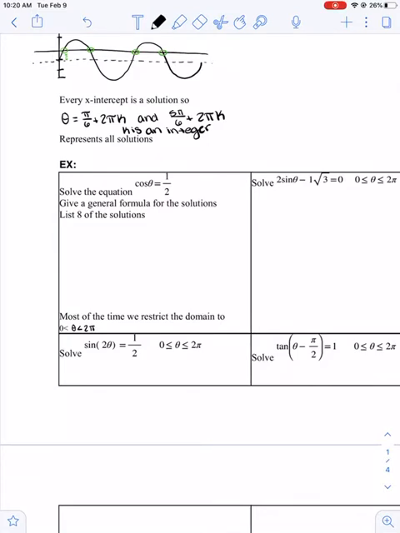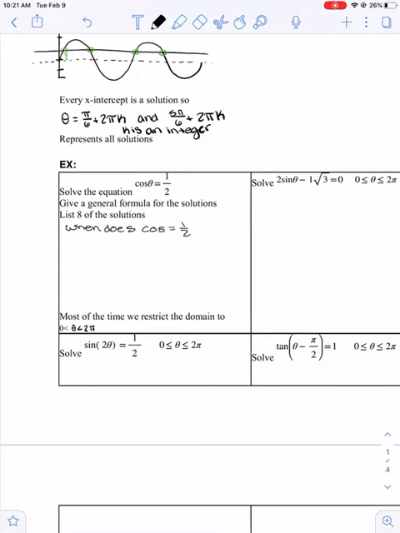Alright, so for this first one, we're going to solve the equation and give a general formula for the solutions and list 8 of those solutions. So the first thing is we have cosine theta equals 1/2. So which angles have cosine equals 1/2?